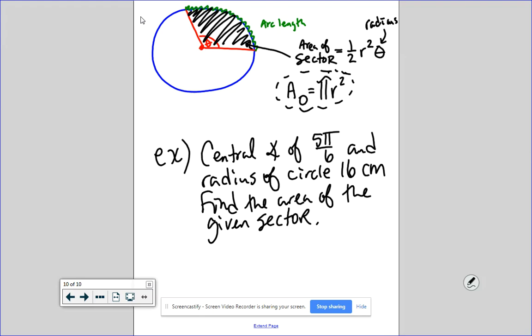All right, find the area of the given sector. Central angle of 5 pi over 6, radius of 16 centimeters. Using the area of a sector formula, which is right here, find the area.